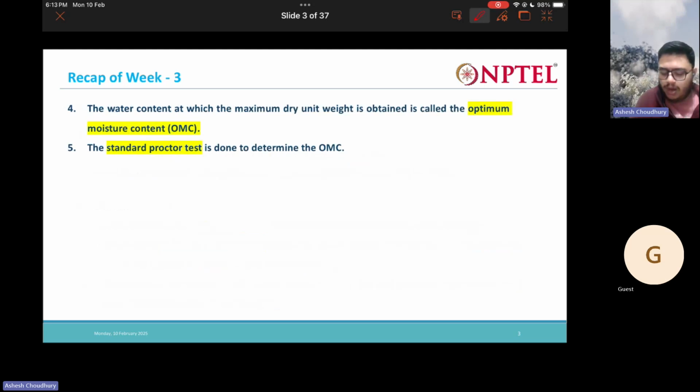You can see the water content at which the maximum dry unit weight is obtained is called the optimum moisture content. And how can we determine the optimum moisture content of a particular soil? We do that with the help of a standard Proctor test. We do that test to determine the OMC.